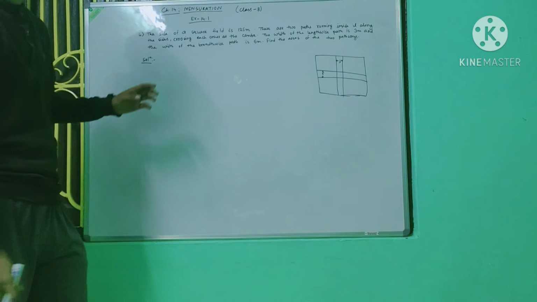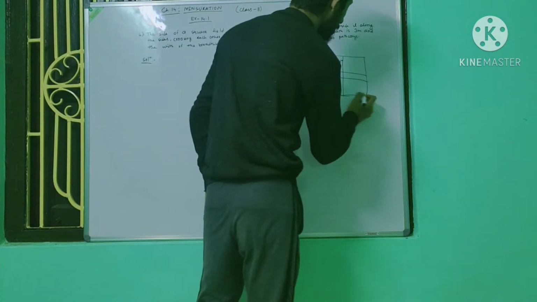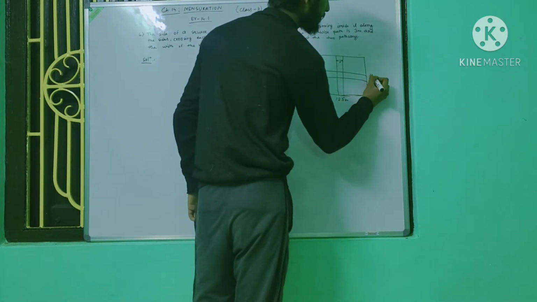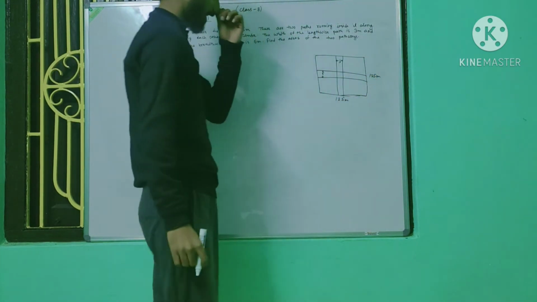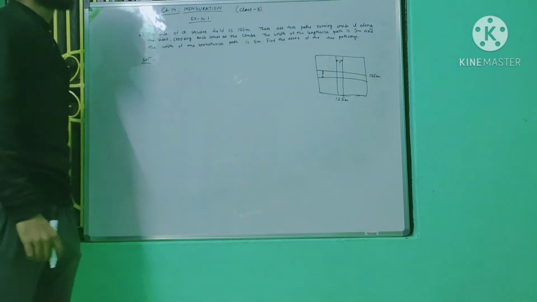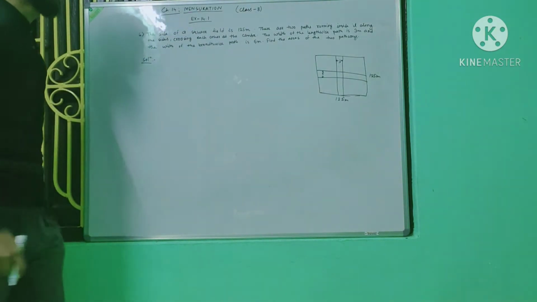Now you can see that the whole portion is 125 meter, and here is also 125 meter. Now what we have to find out? We have to find the areas of two pathways.